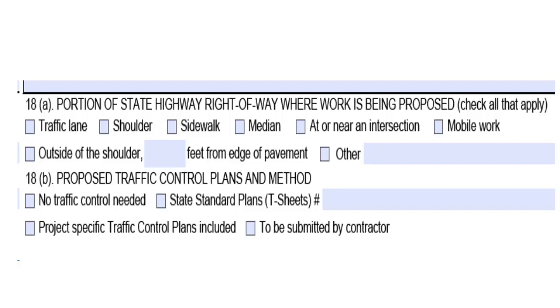Most projects need traffic control plans, so you may need a professional engineer to determine if Caltrans standard plans are appropriate or if project-specific plans need to be developed. Traffic control plans for the state highway system need to be stamped and signed by a California-registered professional engineer.